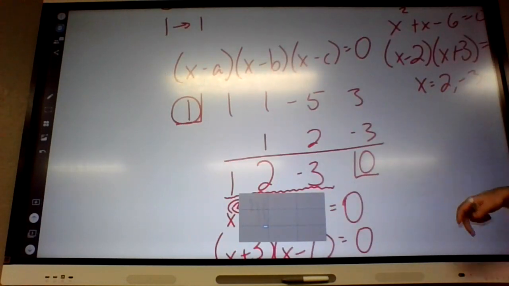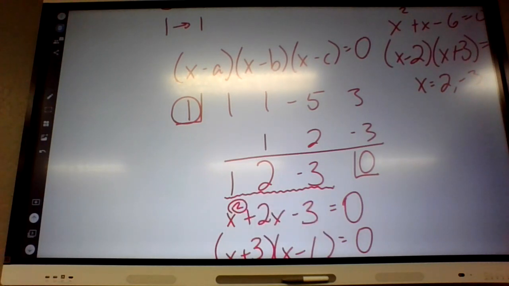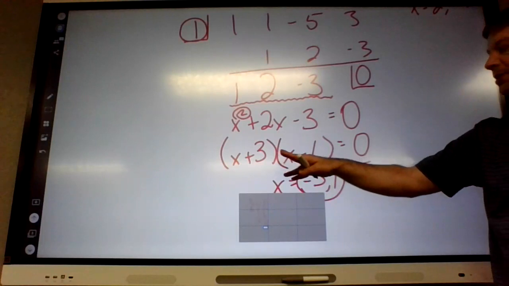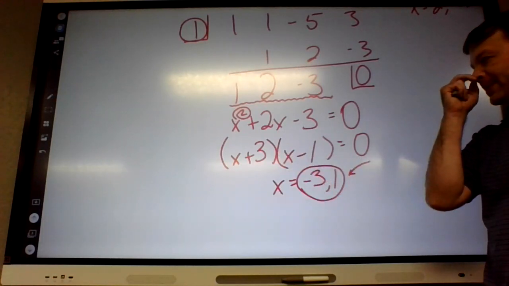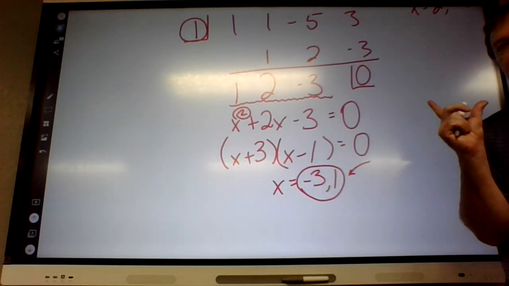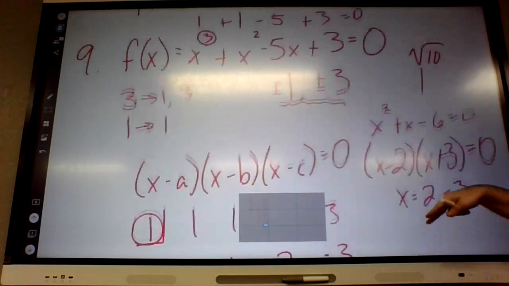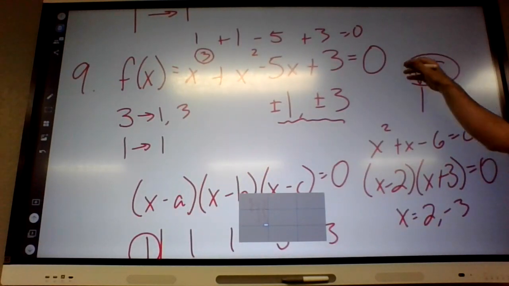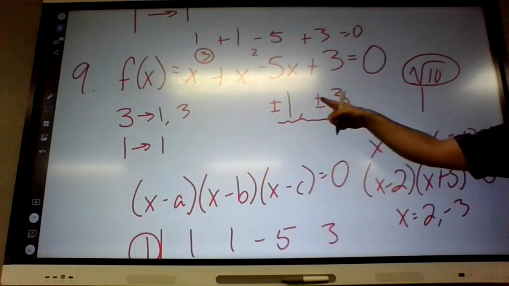Instead of doing this part, could you just do it in your calculator as plus 3, or if it doesn't work, then do it as minus 3, and then you have answers? On today's worksheet it would work, but the problem is sometimes the answers aren't going to be this.